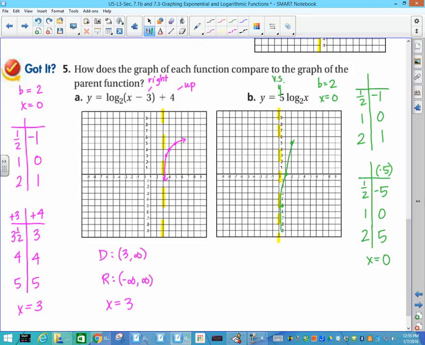Golly, that's terrible. Okay, I might grab that at the end though. Let's talk about our domain. I didn't shift anything left and right, so it's still 0 to infinity. My range is negative infinity to infinity, and my asymptote is x equals 0. Yes, I have an x-intercept of (1, 0), and I have no y-intercept.